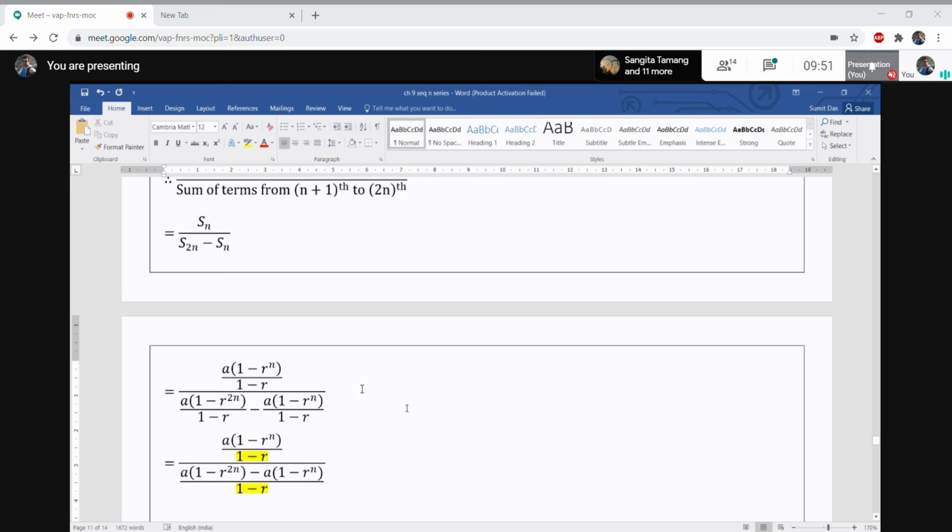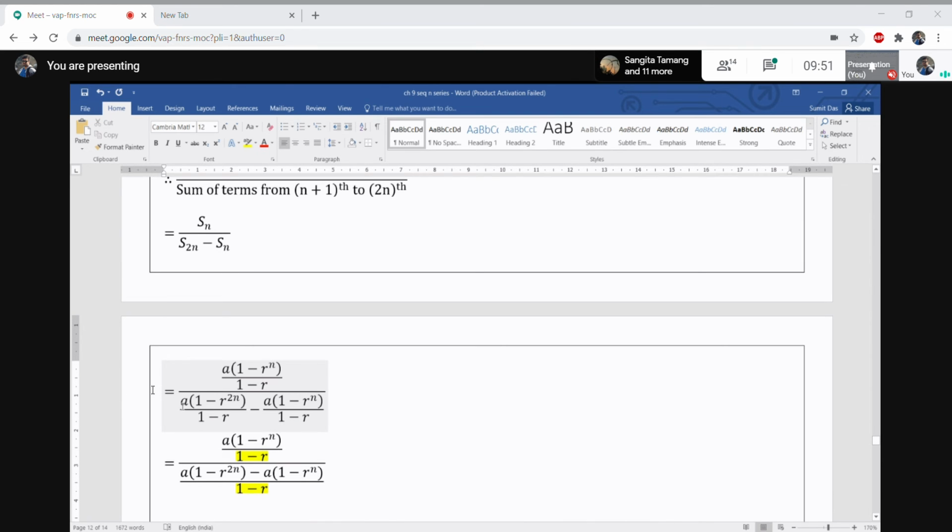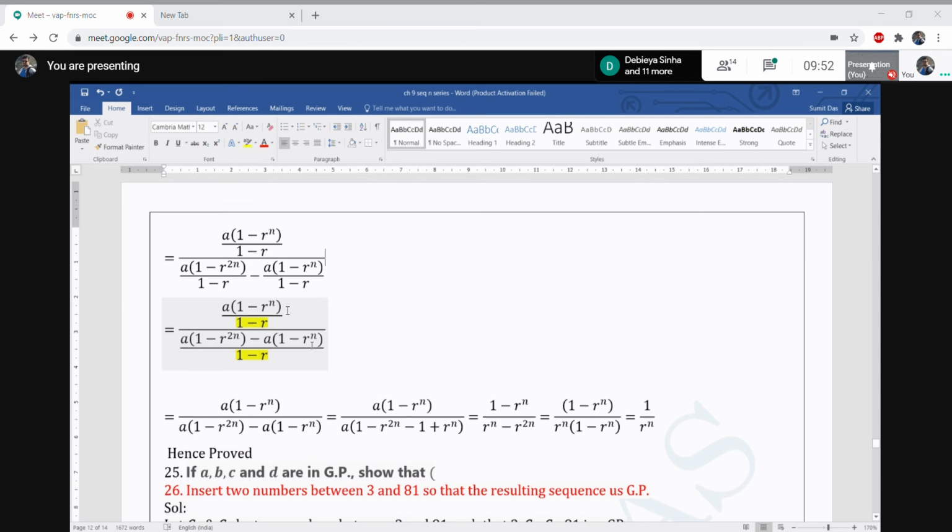So you can see we put it: a times 1 minus r to the power 2n divided by 1 minus r, and here it is a times 1 minus r to the power n divided by 1 minus r. Now we just put the values.